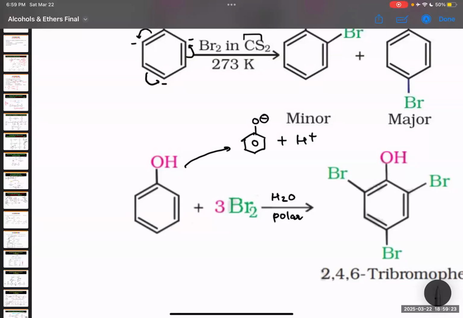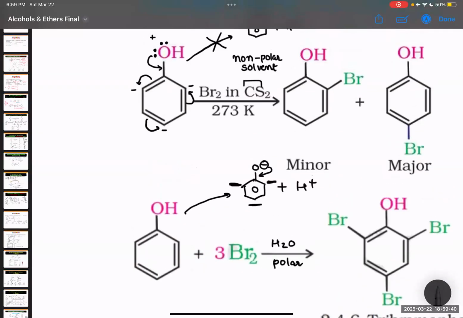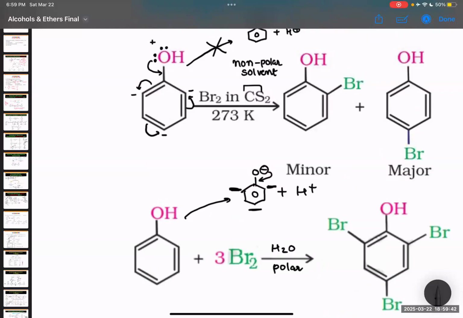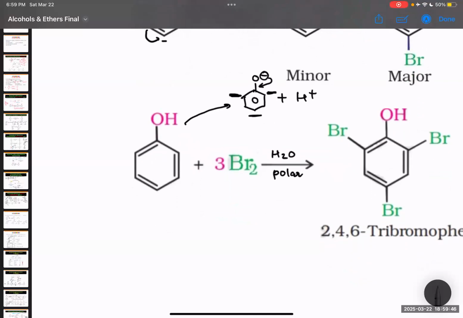And as you know, this phenoxide ion, this is O minus now, and it will also undergo resonance just like phenol, but the negative charge is going to be higher on these positions. Got the point? It is going to be higher. So if it is going to be higher, the reaction will be more.